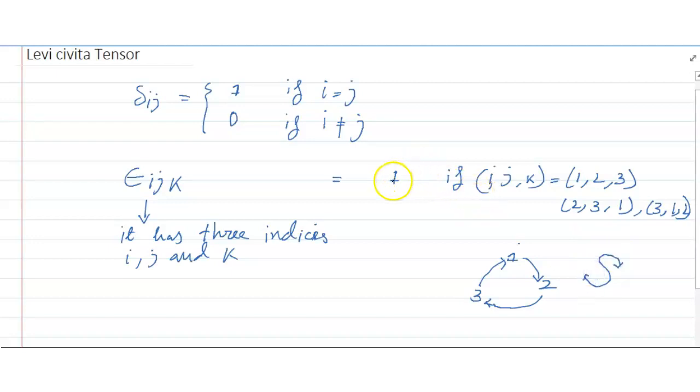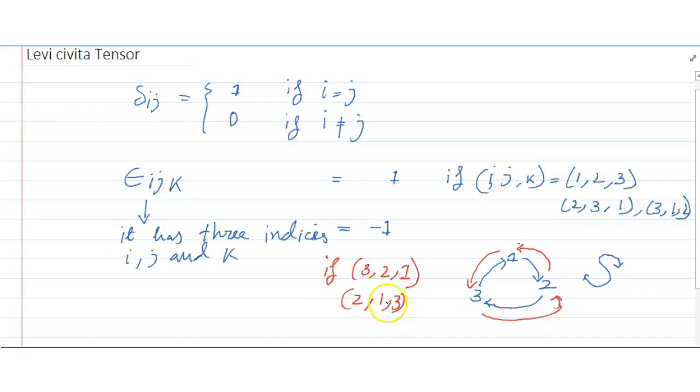So when it is anticlockwise it is 1, and when it is clockwise it is minus 1. If it is 3 2 1, the movement is clockwise this way. So friends, the first is 3 2 1, another is 2 1 3, another is 1 3 2.